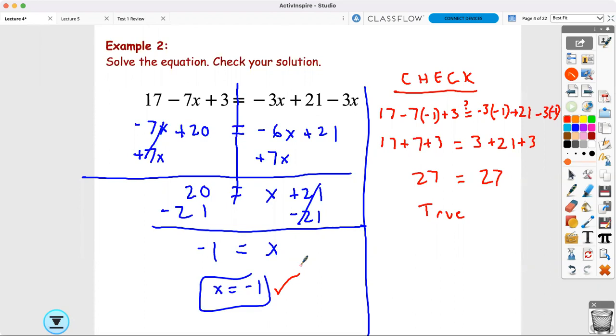Any questions on solving the equation or any questions on checking the solution? Speak now. Because you are going to have a practice problem coming up shortly. All right.